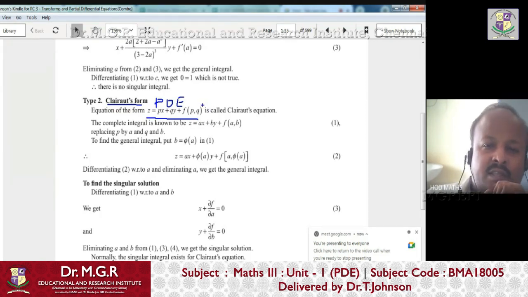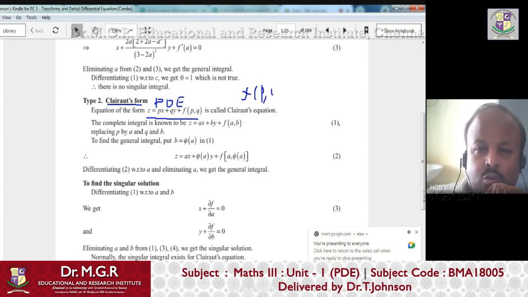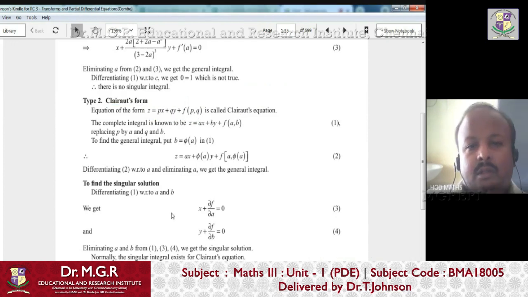So now you can see what is the difference between type 2 and type 1. In type 1, the PDE contains only p and q. But here you can see that it is of the form z equals px plus qy. So this is standard. Type 2 means it always starts with z, and on the right hand side px plus qy should be there.